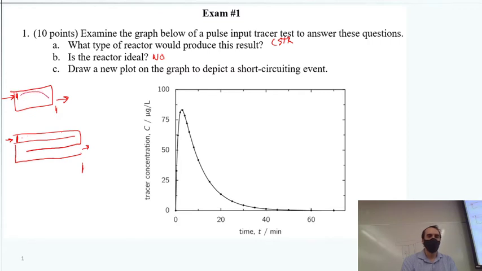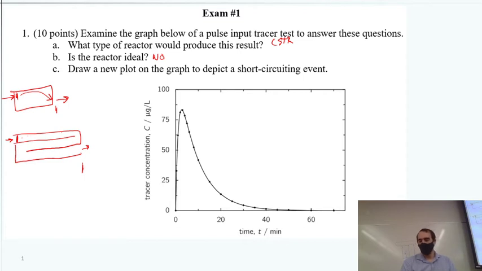Now, it doesn't really matter what that looks like in the reactor itself. It just means that rather than getting perfectly mixed, some of it is escaping before the rest of the tracer. The current drawing looks more like it's well mixed, but not perfectly instantaneously mixed, right?